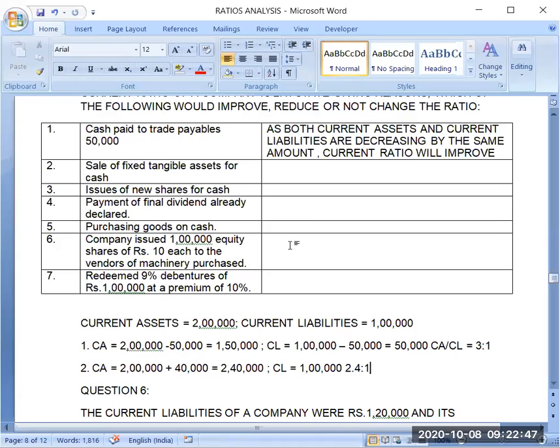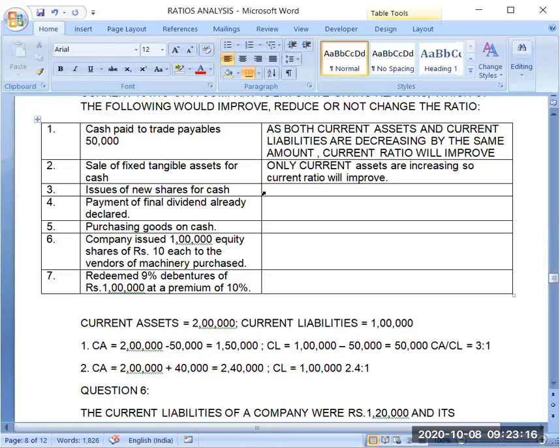So you can write the reason here: only current assets are increasing, so current ratio will improve. Now the third transaction is issue of new shares for cash.